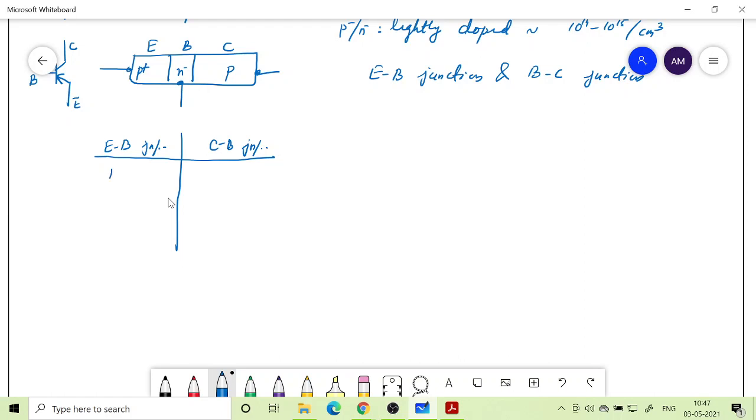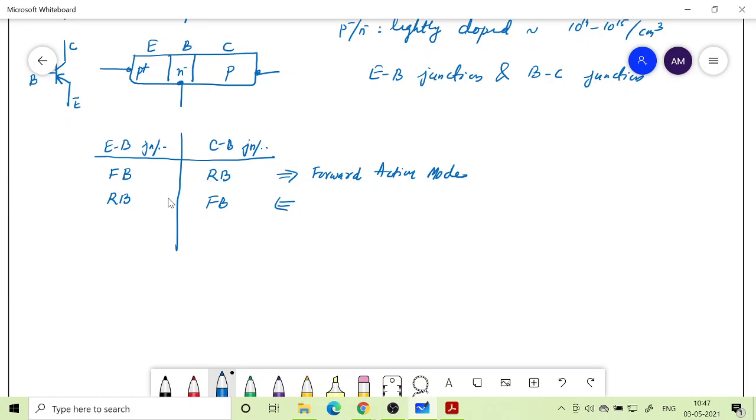So if you forward bias the emitter base junction and then reverse bias the collector base junction, this is what is called forward active mode. The inverse of that is basically you reverse bias this and forward bias this.